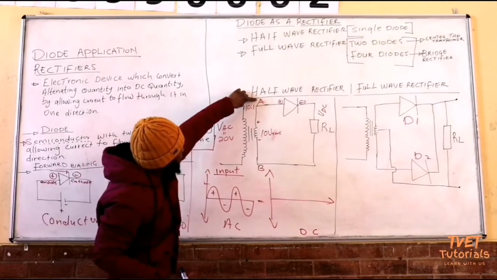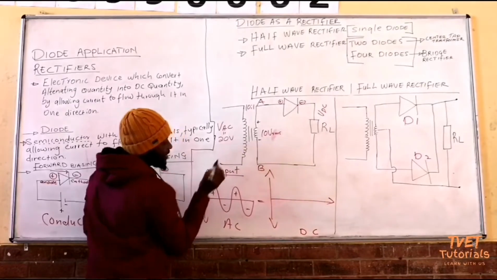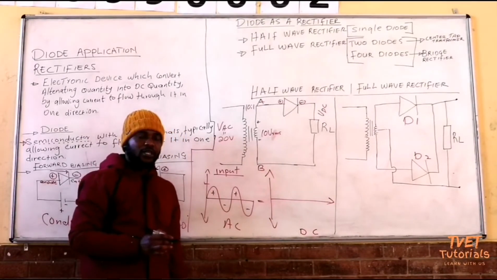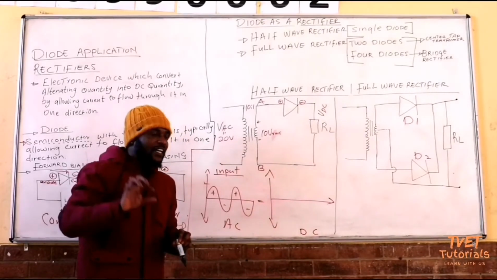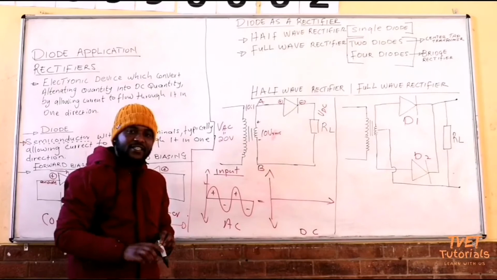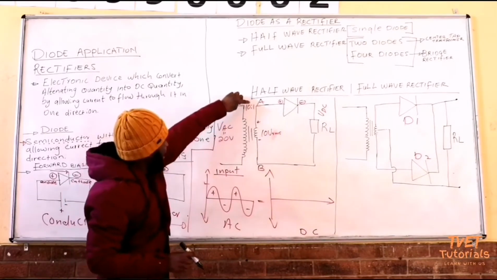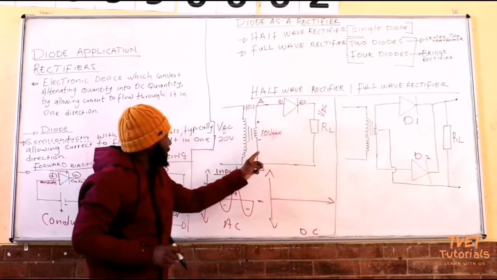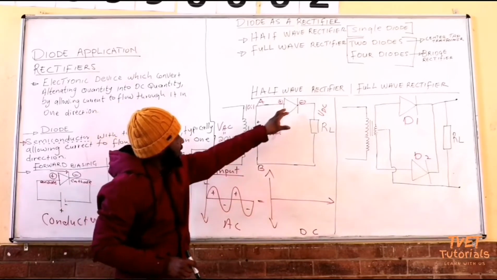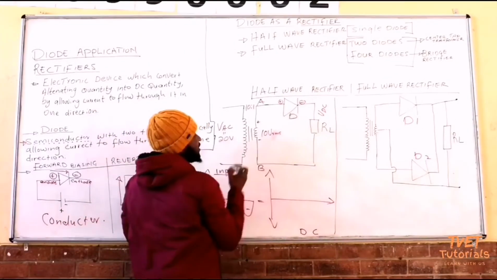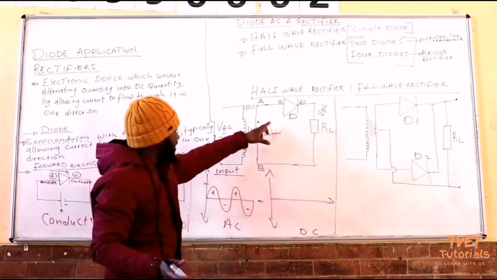where A is positive and B is negative, this diode is connected in a forward biased mode. The diode D is connected in a forward biased mode.